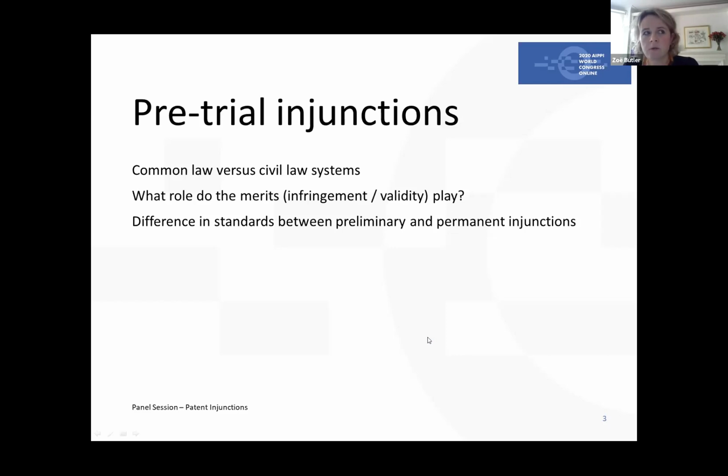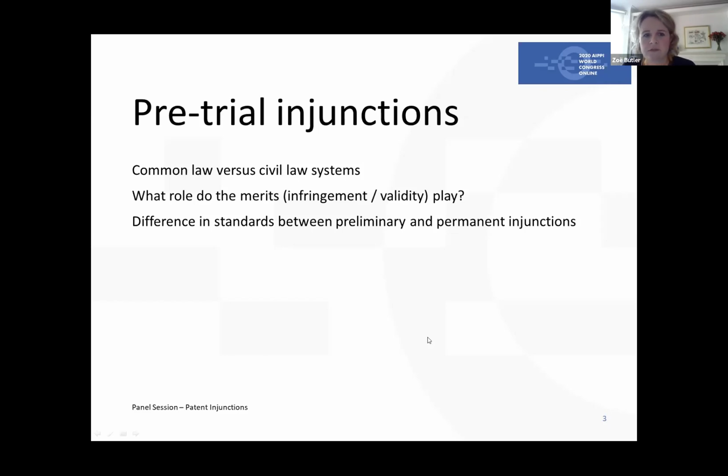There might well be evidence on the merits of the case, but as I say, it doesn't tend to be such a focus. It's often conceded by a defendant that there is a serious question to be tried. They might put in evidence nonetheless, prejudicial really, to try and give the judge a sense of the weakness of the patentee's case.